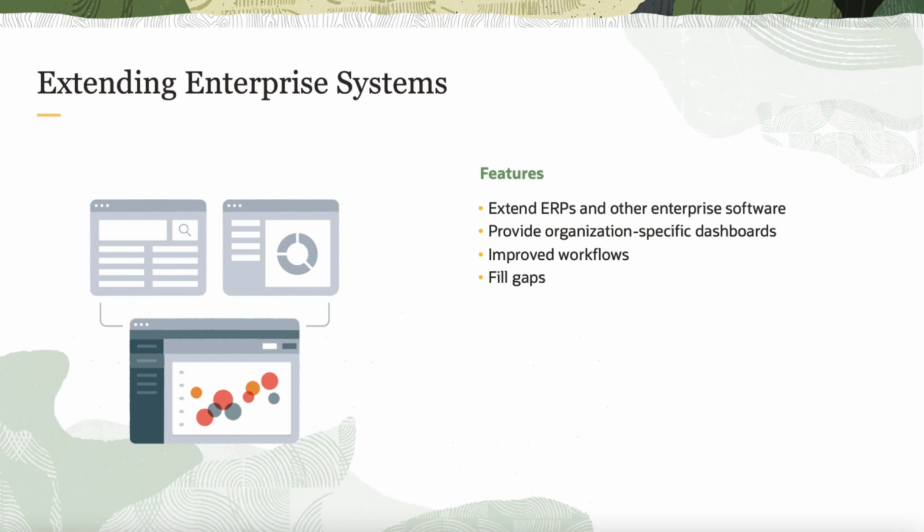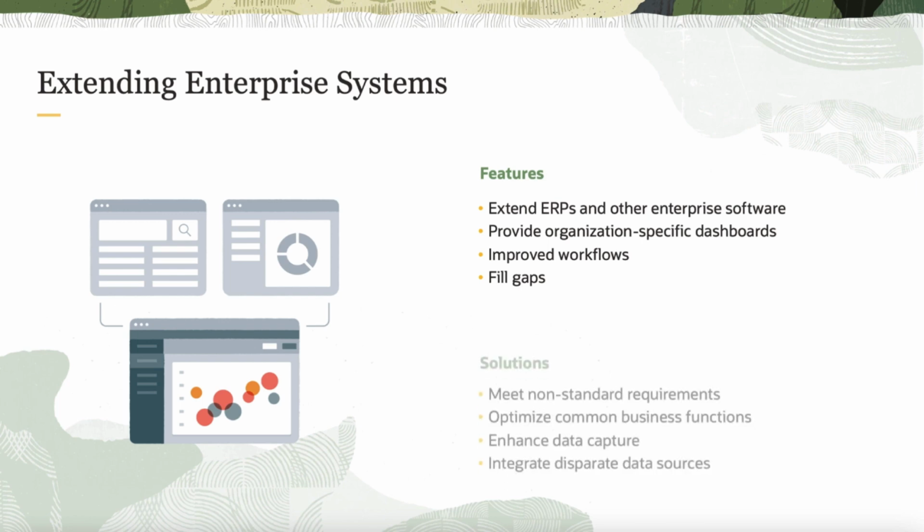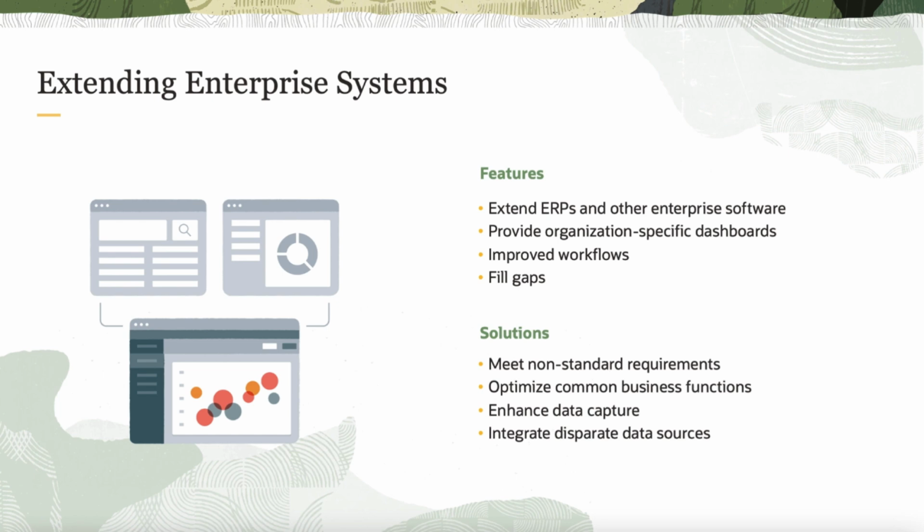For example, you can have organization-specific dashboards, improved workflows, and additional reporting to fill the gaps. You can also create solutions meeting company or industry specific requirements by building bespoke applications.